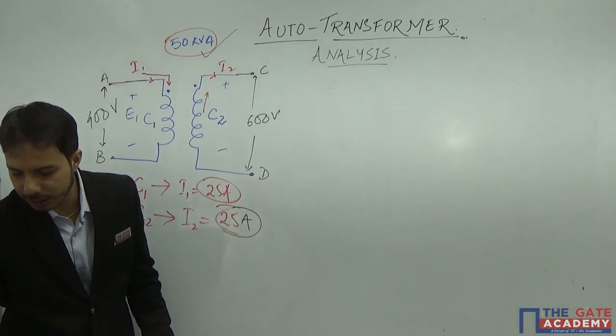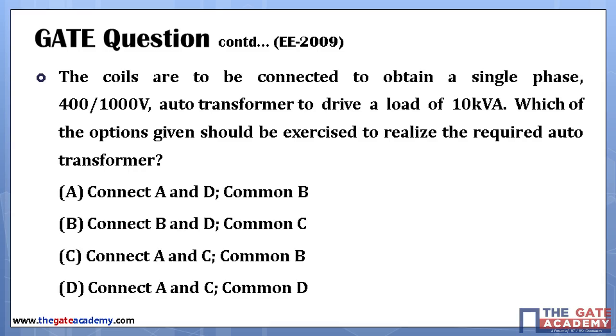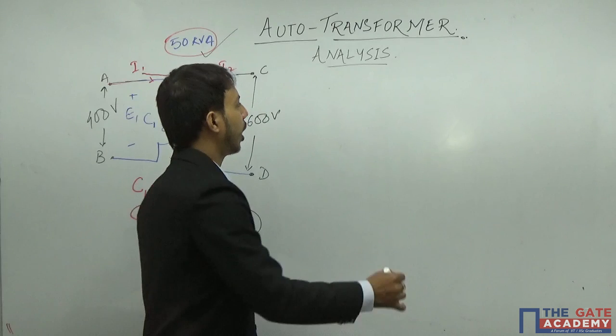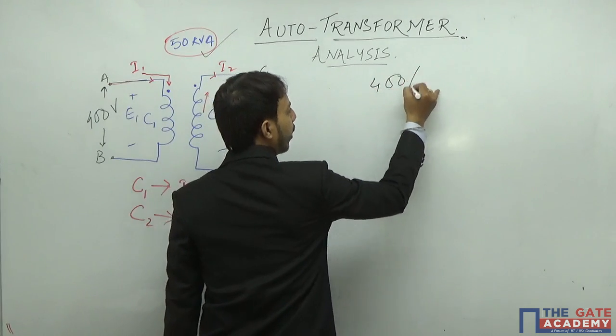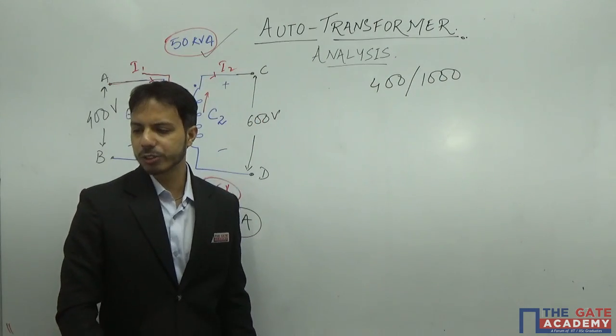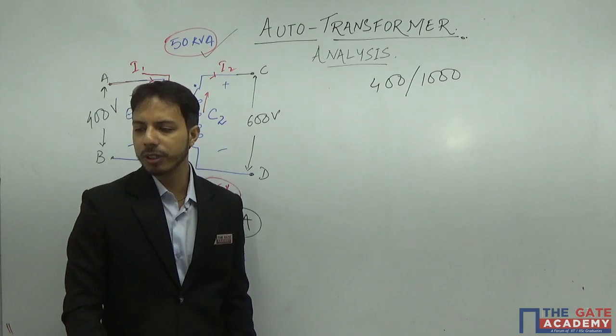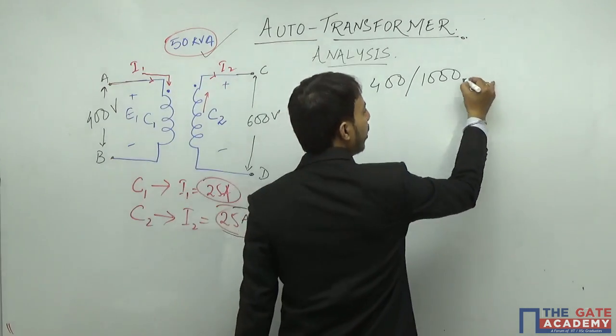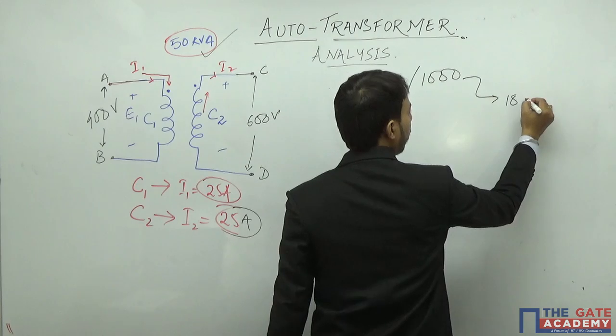Now on the next page I can see that the first question is: the coils are to be connected to obtain a single phase 400 by 1000 autotransformer to drive a load of 10 kVA.